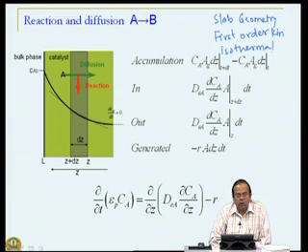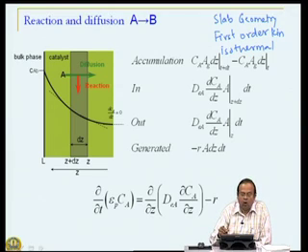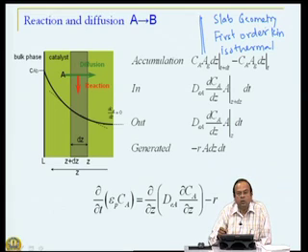Little later on, we will relax all these restrictions. We will see what happens when your geometry is spherical or cylindrical, or for that matter an irregular geometry. We will see what happens when the reaction is not first order, but general power law kinetics or law of mass action kinetics or Langmuir-Hinshelwood kinetics which we saw earlier.